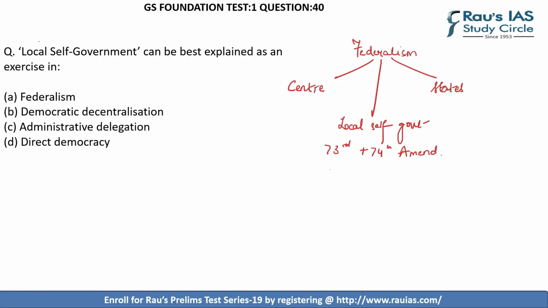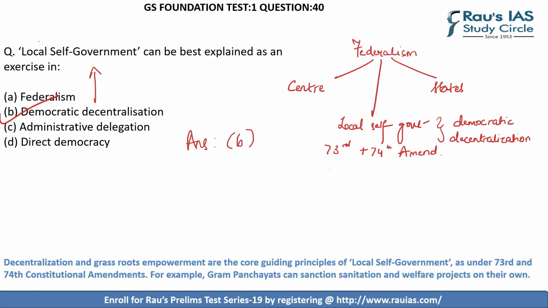Now, this breakup of administration under the local self-government is a part of democratic decentralization, which is the core guiding principle for introducing local self-government. Hence, our final answer would be option B, that is democratic decentralization, which is the guiding principle behind local self-government. Please also have a look at the explanations.